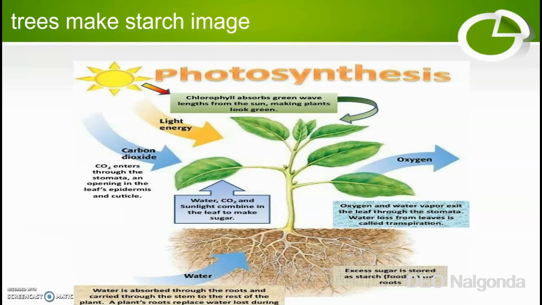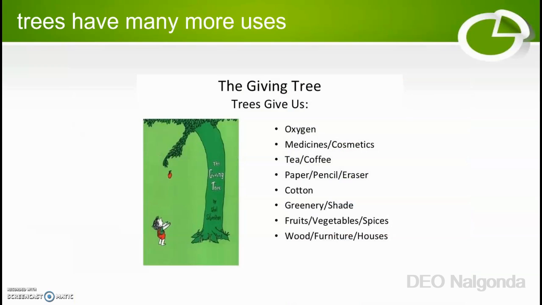As all of us know, trees make all the starch in the world, because starch is the most important part of our food. So without trees, we will not have any starch to eat. And also the leaves of the trees breathe out a lot of vapor into the air, which makes the air cool.